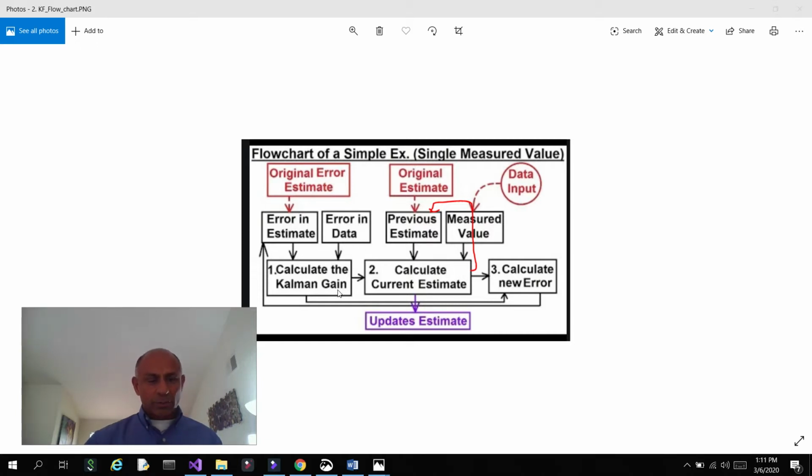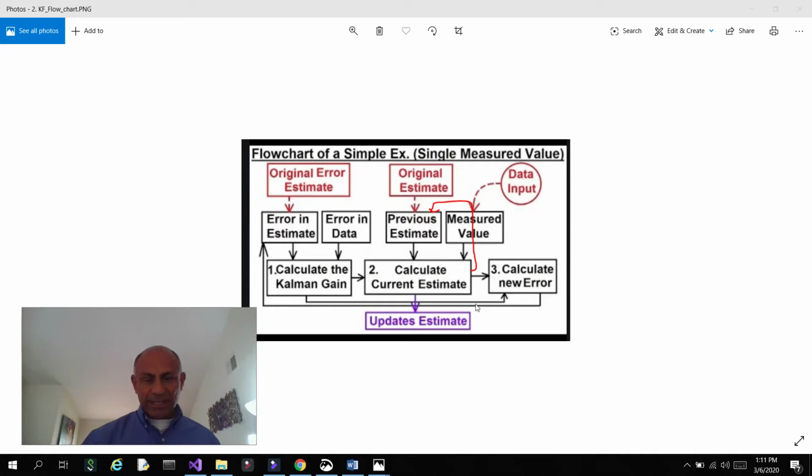We pass it to calculate something known as the Kalman gain. Then we pass it to a function to calculate the new current estimate. In this function, we are feeding the previous estimate, which for the first time will be the original estimate, and as our data input, the measurements are coming in.